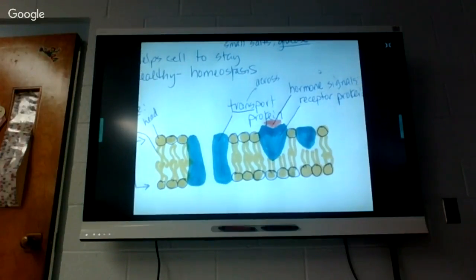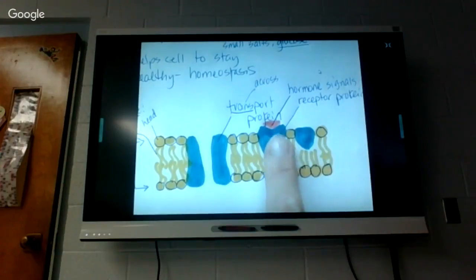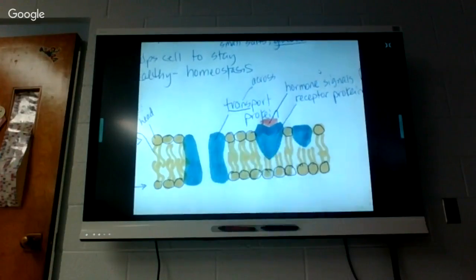So here's the deal. If I'm a diabetic, I don't have those receptors. That's a problem. Because if I don't have these receptors on the membranes of my cells, then when I eat sugar, it stays in my bloodstream. My cells cannot get that sugar. And if I don't get sugar, I don't have ATP, which means my cells are not going to have any energy to do the work they need to do.